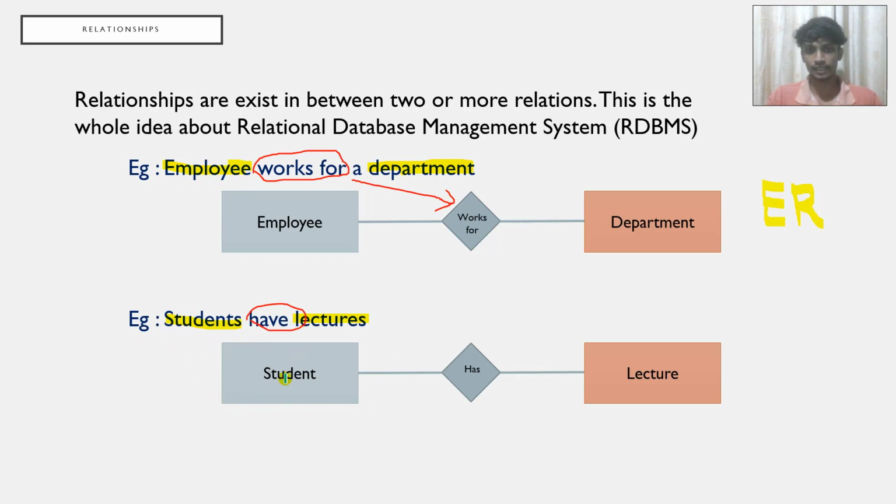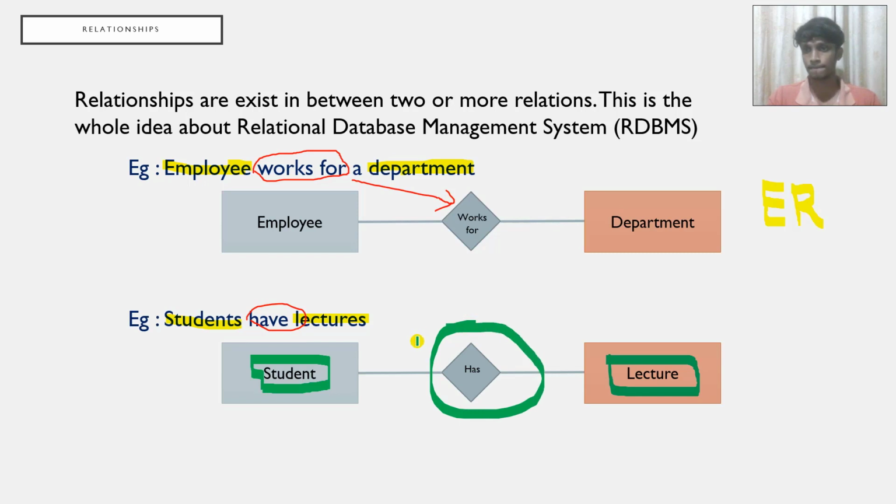When it comes to the entity, it has become singular, and lectures is not singular, but here it has become singular, and have is not singular, but here it has become singular. So that is basically how we represent our diagrams, right? Maybe the given context might be having, what is the word for not singular?